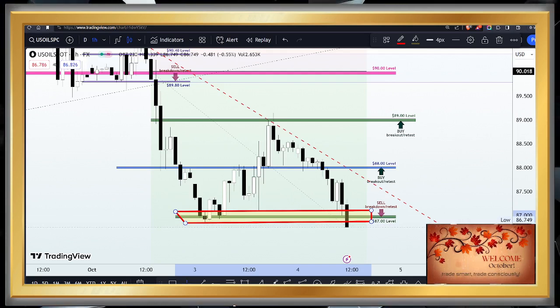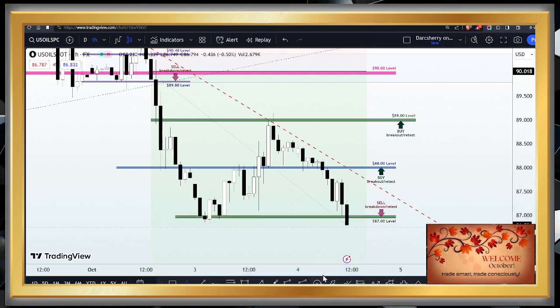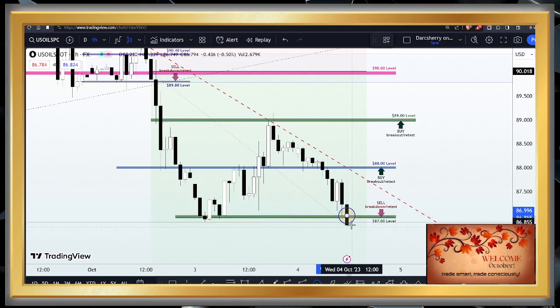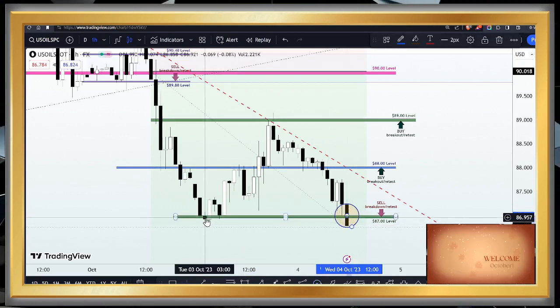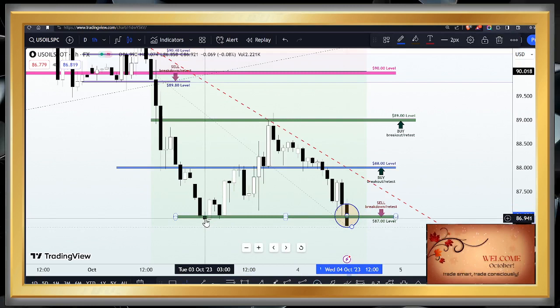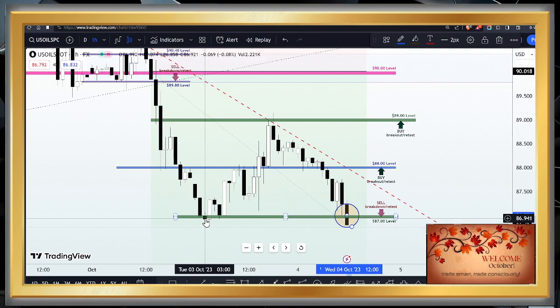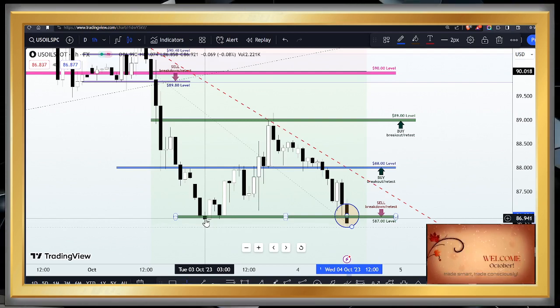However, if you look at what is going on right now, it appears price is breaking down that $87 level for the first time this week. We are not going to be jumping to conclusions here, as the breakdown you're seeing right now could still turn out to be a false breakdown. So we will need some confirmations to happen, as this candle is still about 24 minutes old, so we still have about 36 minutes to go.